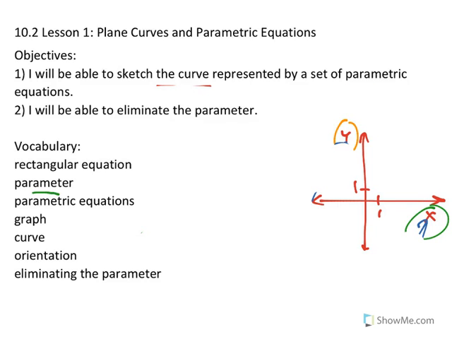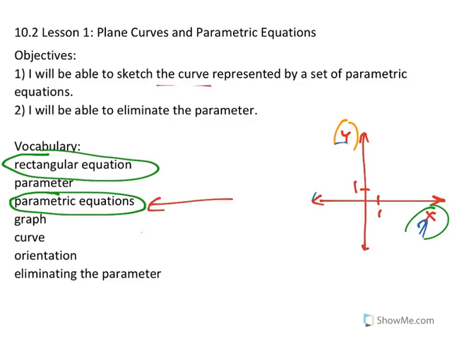So why do we have parametric equations? Why not just stick with rectangular equations? For one, the parametric equations will give you additional information that we did not have with rectangular equations because of the addition of the third variable called the parameter. For example, if we're talking about an object that's moving in the xy plane, a rectangular equation could tell you the path followed by the object.